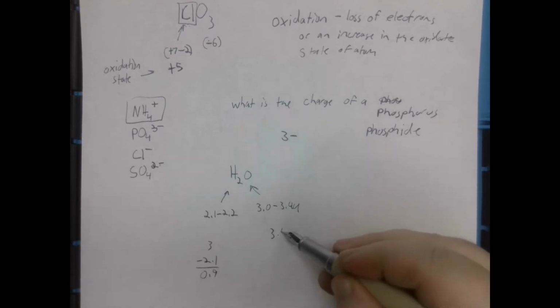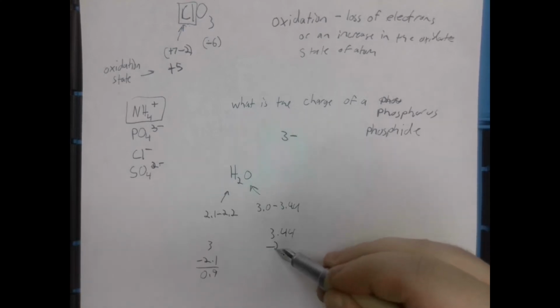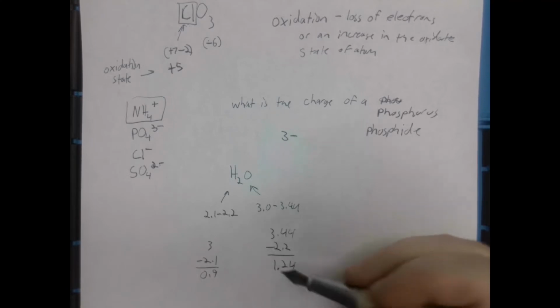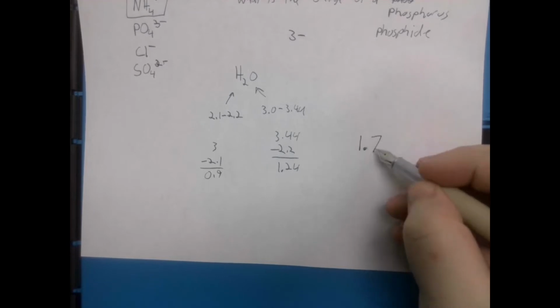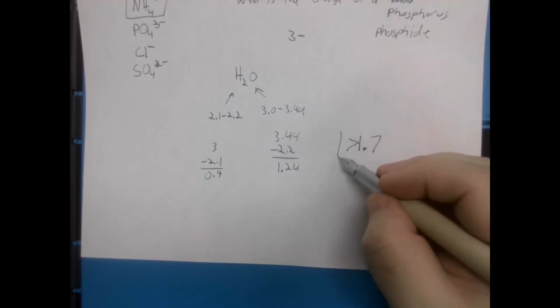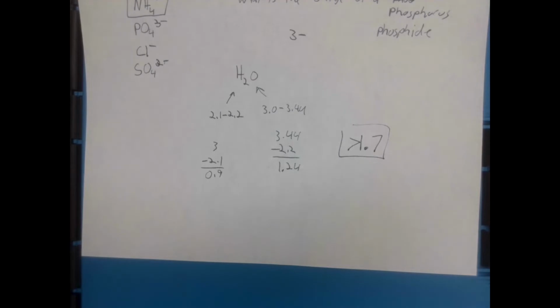If you use these other values, that is 1.24. And what value does it have to be greater than to be considered ionic? You have to check if it's greater than 1.7.